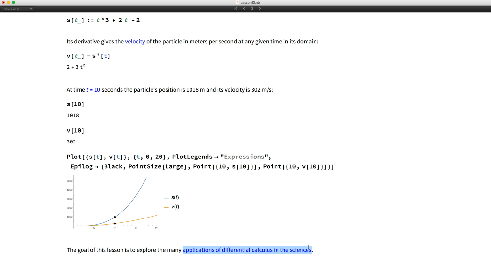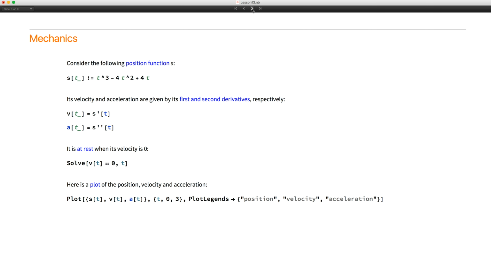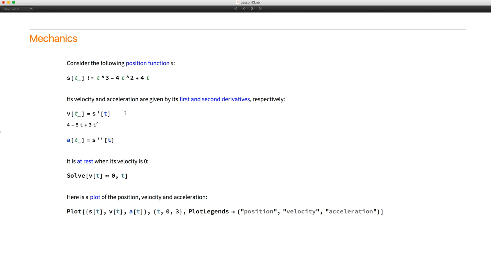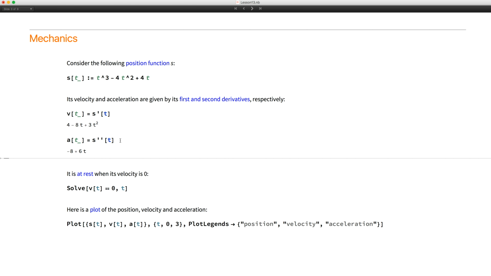in various different ways. So let's again take up an example in mechanics where you have the position being given as a function of time, like over here. So you could work out the velocity, of course, as the first derivative, but you could also work out the acceleration, which is the second derivative. And once you've done that, you could ask questions.